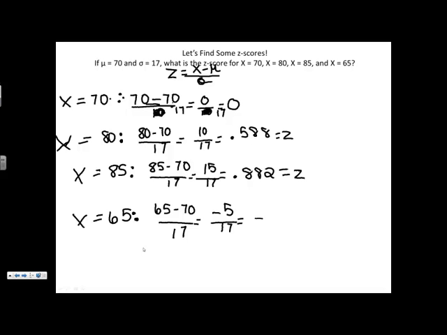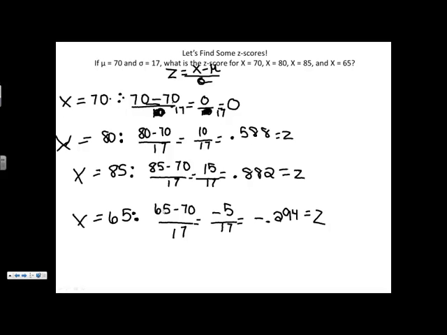And you end up with negative 0.294 for z. So in looking at this, not only can you see that the absolute value, despite it being negative, is smaller here than it is here because 65 is closer to 70 than 85 is, but this one's negative because 65 is less than 70.